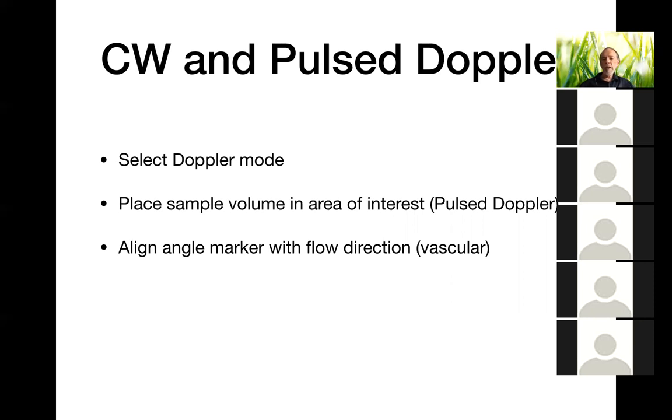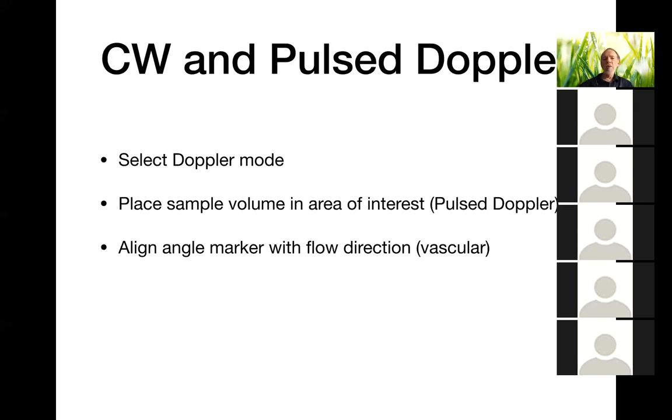In the case of vascular work, you will then align an angle marker parallel to what you believe is the direction of blood flow. This is very, very important because otherwise the machine isn't able to calculate velocity values from Doppler shift values. So you align an angle marker that informs the machine what direction the blood is flowing in.